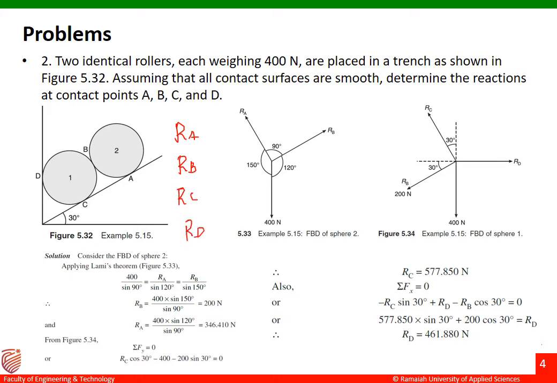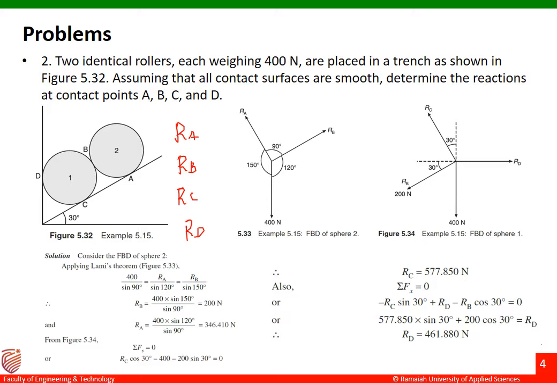Find the reaction at A, reaction at B, reaction at C, and reaction at D. So in the first free body diagram, we can find RA and RB. With the help of this equation, that is 400 by sine 90, RA by sine 120, RB by sine 150 degrees, we can find the answers for RB and RA.